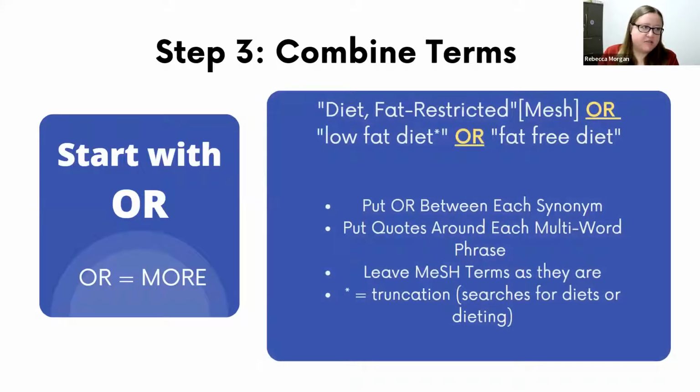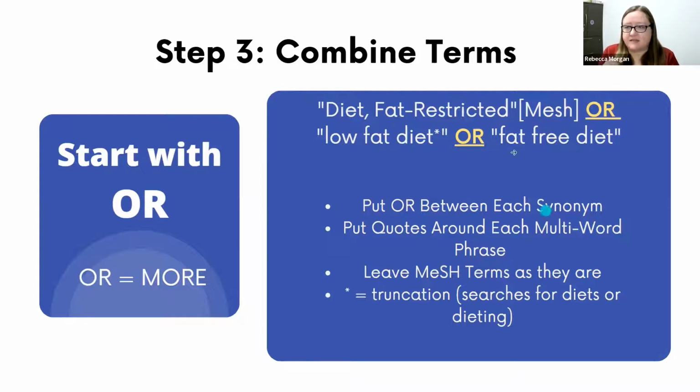So when you're doing a search, you always start with OR. And again, just remember, OR always equals more. So what that means is that you're using OR to combine your like terms, your terms that match, your synonyms, your MeSH term, and then your natural language term that goes with it, or any other synonyms that you can think of.